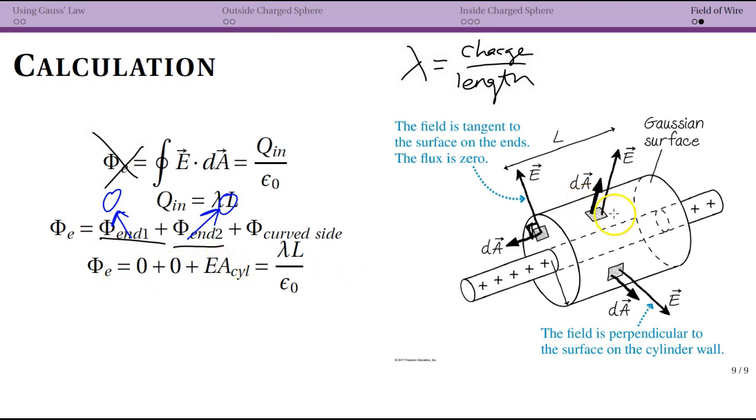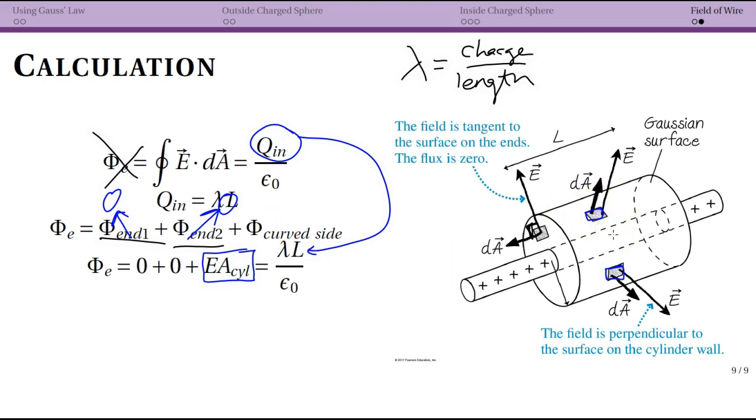And that simplifies because everywhere you have that constant electric field that is going to be perpendicular to our surface or parallel to dA. And so we get to do that multiplying thing we like to do. And so the charge enclosed gives us lambda L. So now we have to figure out what the area of the side is.